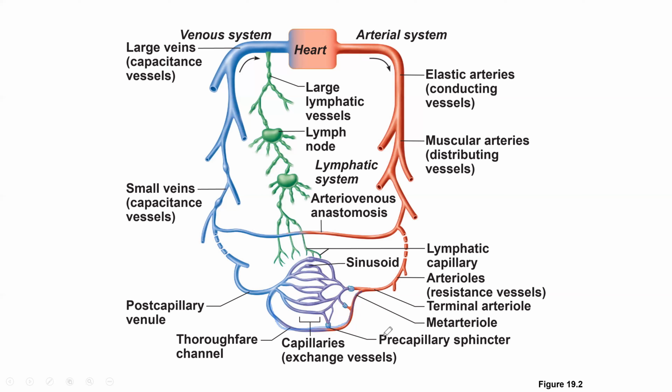So this blood vessel is called metarteriole on the arterial end, and thoroughfare channel on the venous end, right? Now, this is only present in mesenteric circulation.